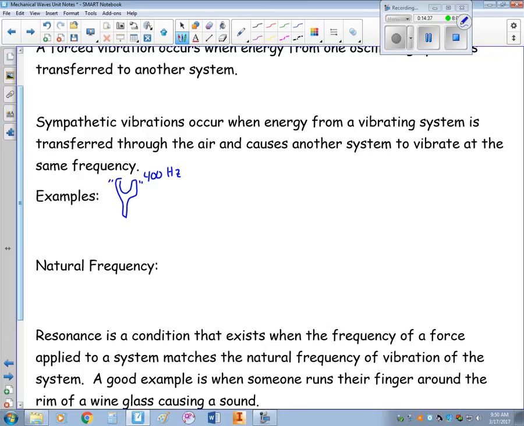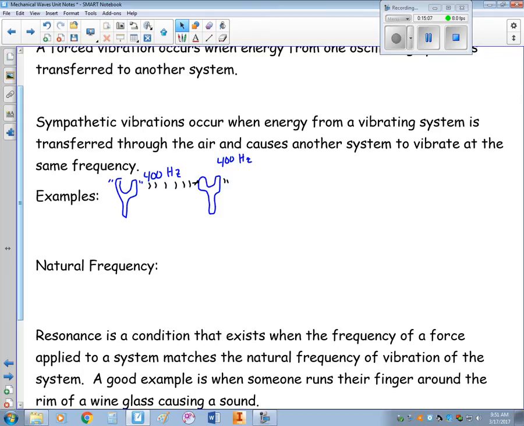If I bring in another tuning fork that is also a 400 hertz tuning fork, the vibrations will travel through the air molecules and hammer into that one, and then pretty soon this one will start to vibrate as well. That would be sympathetic vibration.